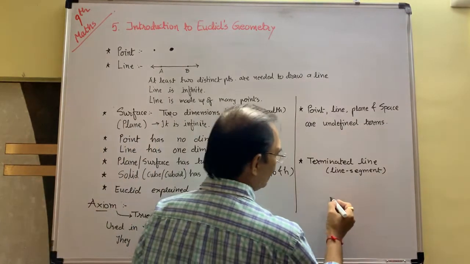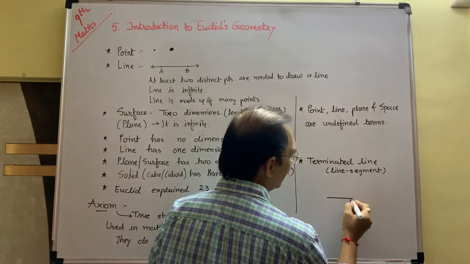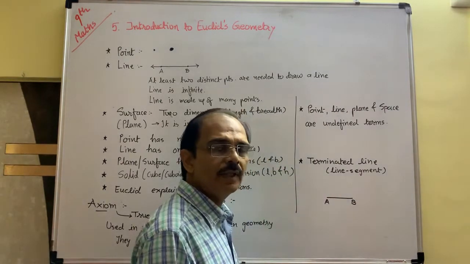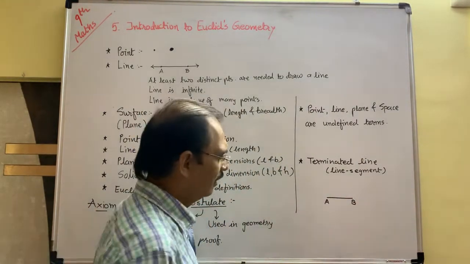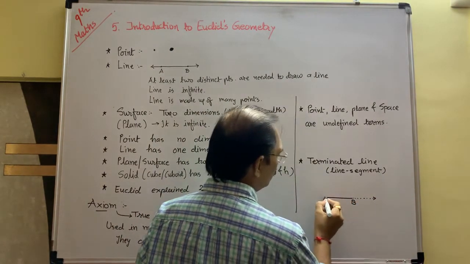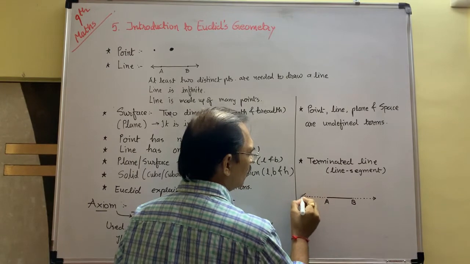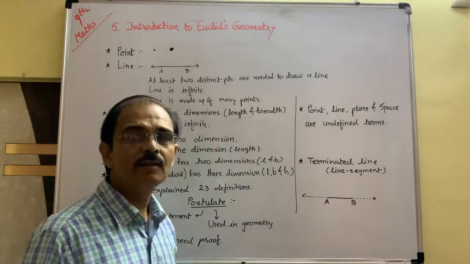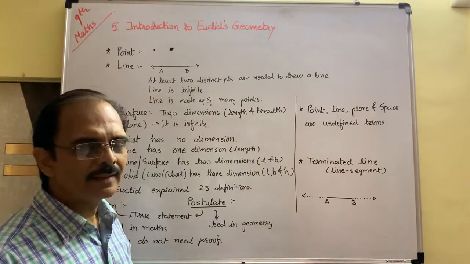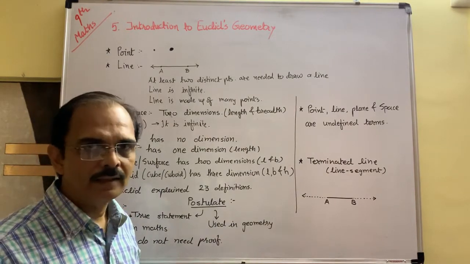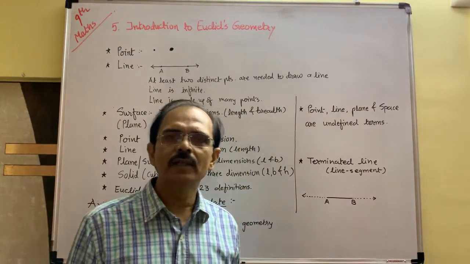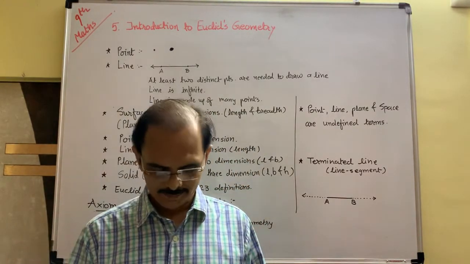Suppose this line segment is AB, then it can be produced indefinitely. Indefinitely means it can be extended on the right side and also to the left side, and then it forms a line. In short, a line segment is the part of a line, or if you extend the line segment on both end points, then it forms a line.